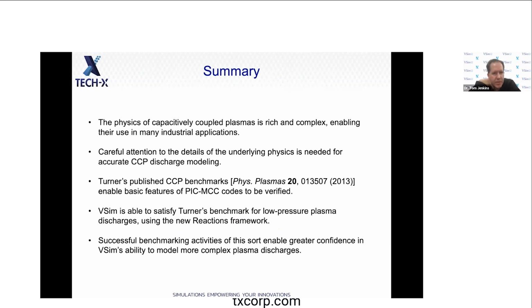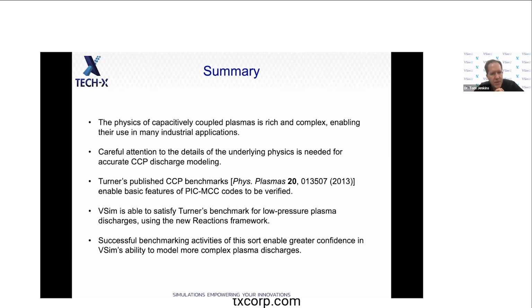So, to wrap up, the physics of capacitively coupled plasmas is very complicated, and that opens the door to lots of uses in industry, in etching and thin film coating and such. If we're going to model those things using VSim or using some other software, we need to pay careful attention to the underlying physics and make sure that we're getting all the details right in a way that allows us to make good predictions of what our experiments should do.